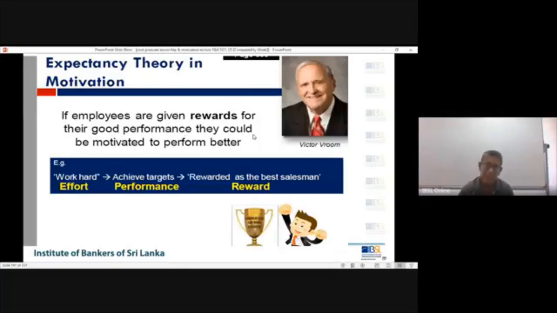That means performance. Effort, work hard; achievement, performance. What is the result? Reward as the best salesperson. That is the reward. So those are the three concepts, and the relationship between these three points is what expectancy theory talks about.